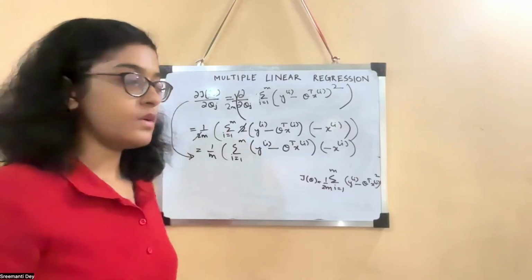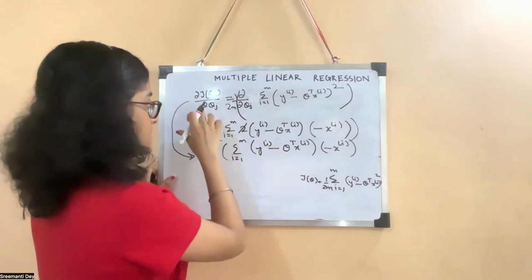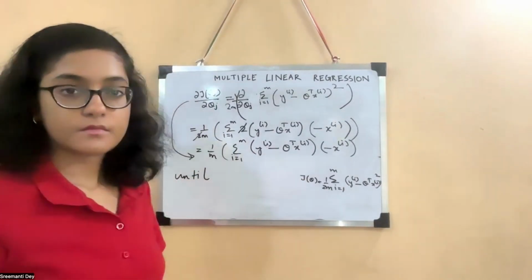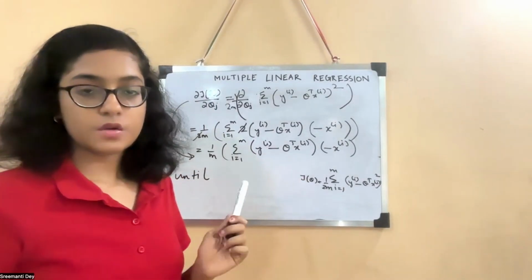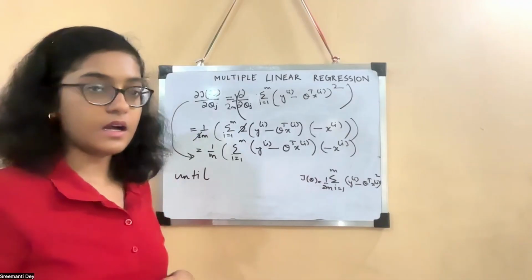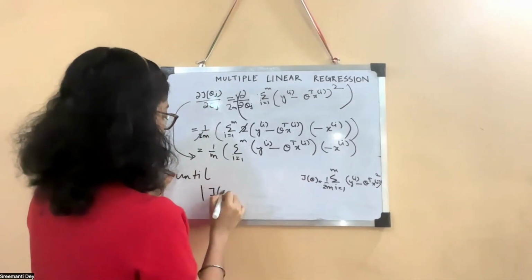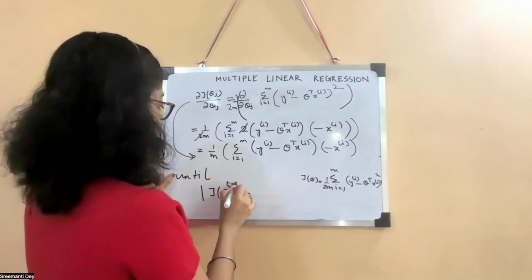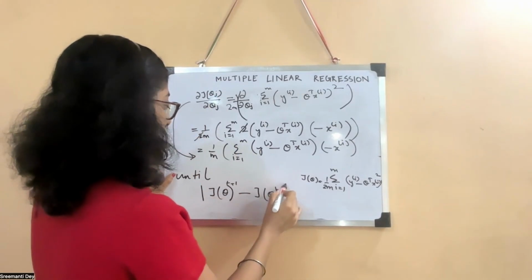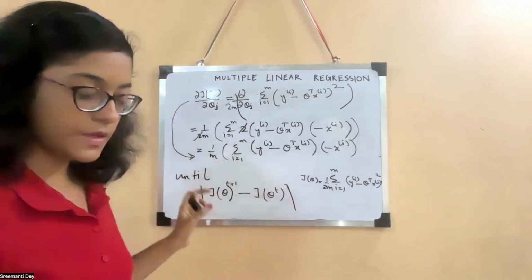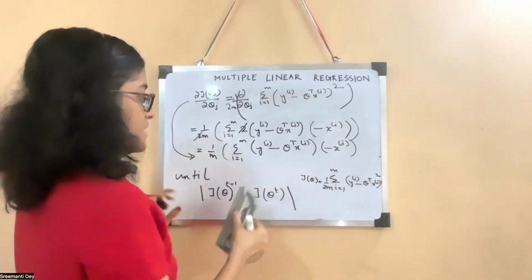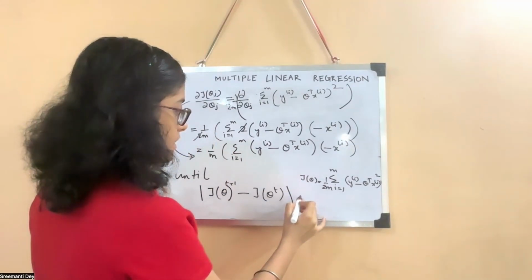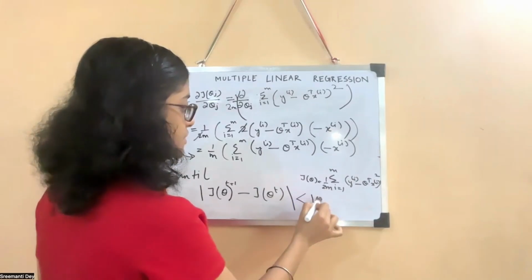This has to continue until we have the absolute difference between J(theta t plus 1) and J(theta t) less than 10 to the power minus 6.